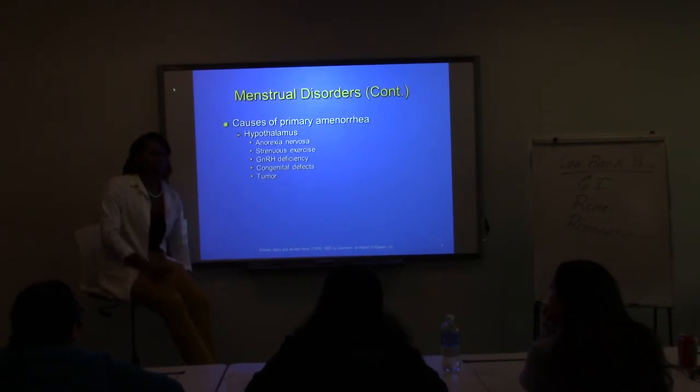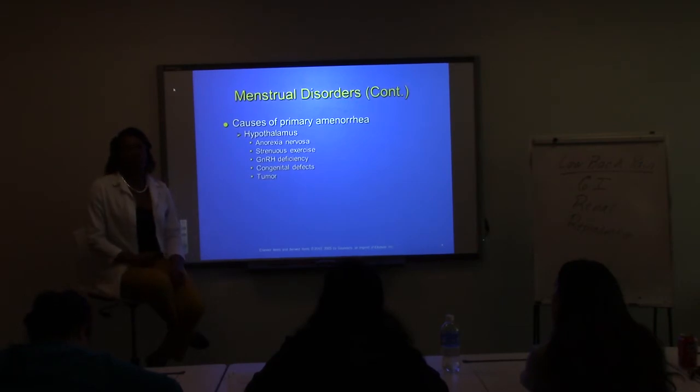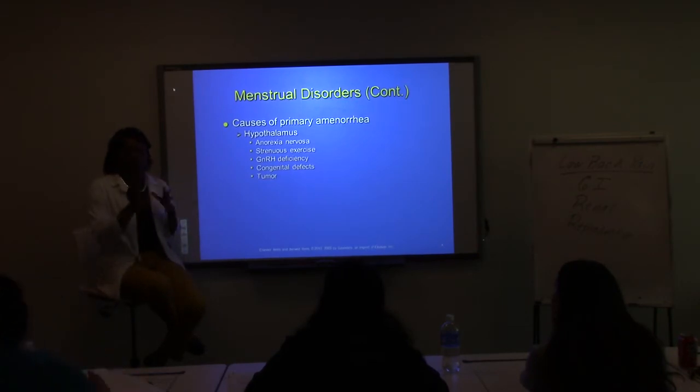Yes? How does that play with the fact of like an IUD? Okay, and I was having this discussion yesterday with everyone. The way it's explained to me is that when you're on birth control, your body's tricked into thinking that it's pregnant.